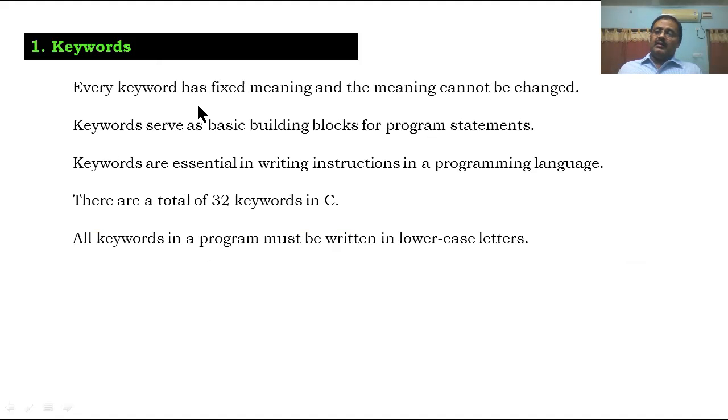In every statement, there is a keyword which tells the purpose or the task or the operation to be performed through that statement. Keywords are essential in writing instructions in a programming language. There are a total of 32 keywords in C. All keywords in a C program must be written in lowercase letters.